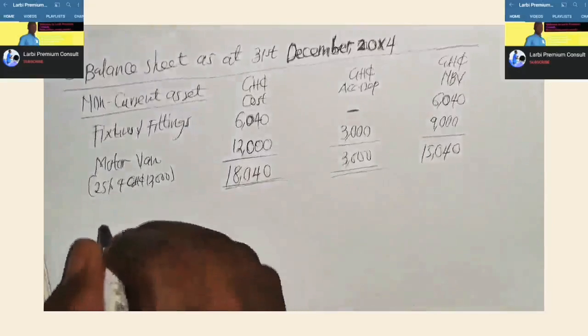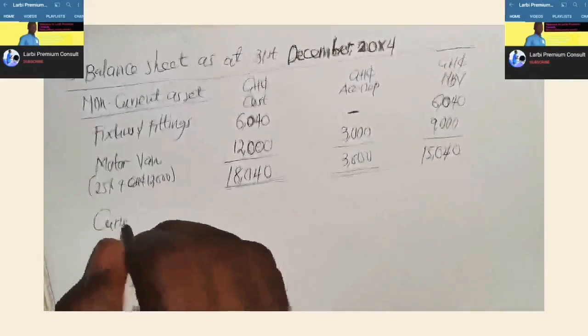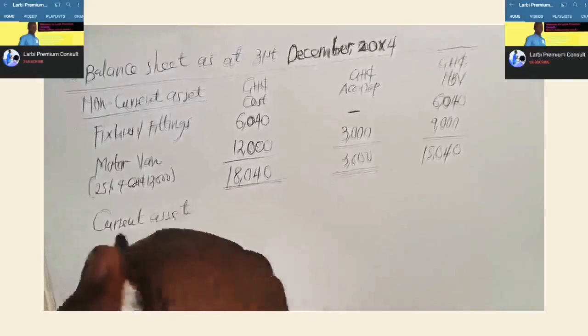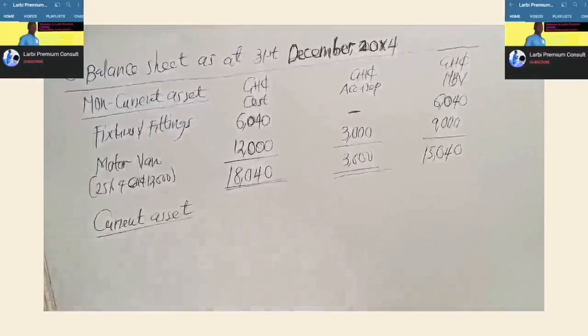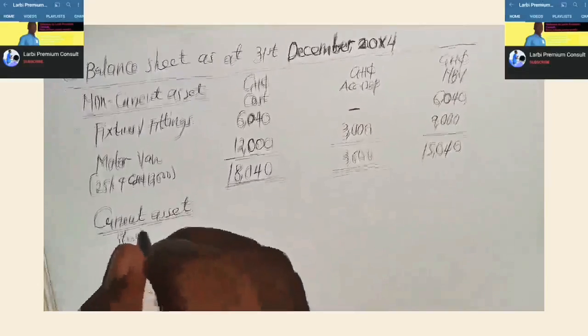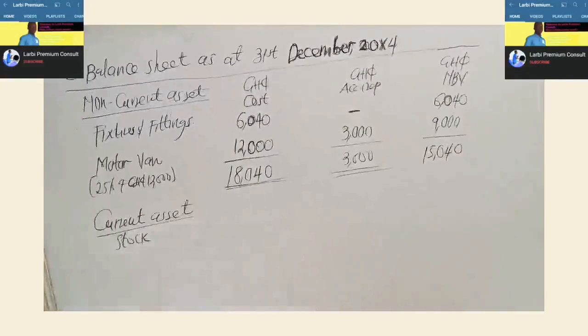So we come to current assets. The current assets we are having start with stock. For stock, we are picking our information that was existing as at 31st December 20x4 and not any other information.